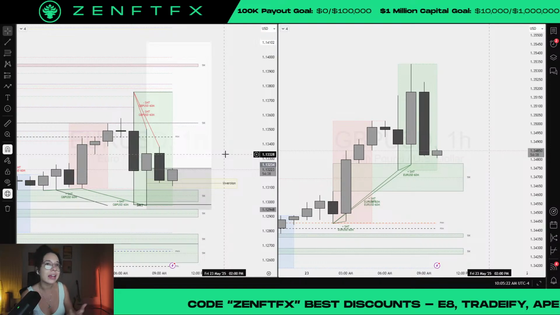He has to have hundreds of hours of content on his concepts, ICT strategies, ICT trading. And it can get very complex. And I think trading is something where the more complex you make it, the harder a time you're going to have. Simplicity is so key.